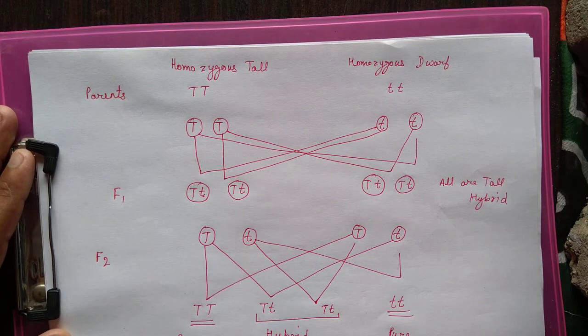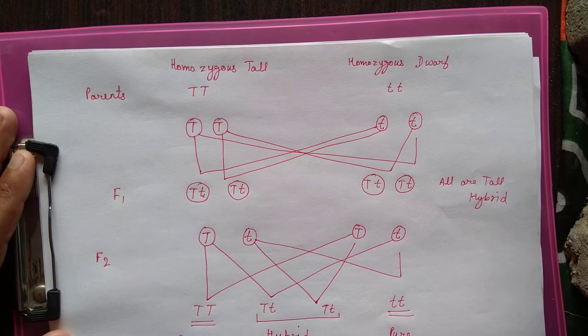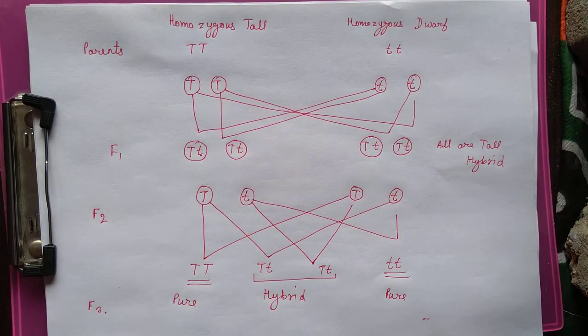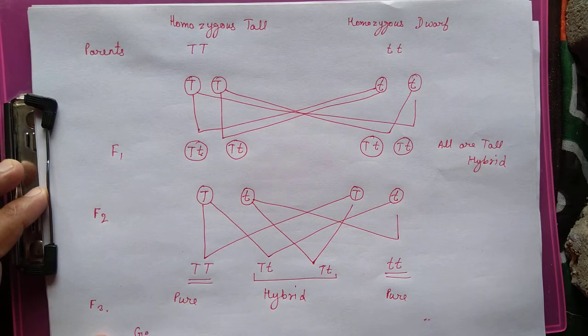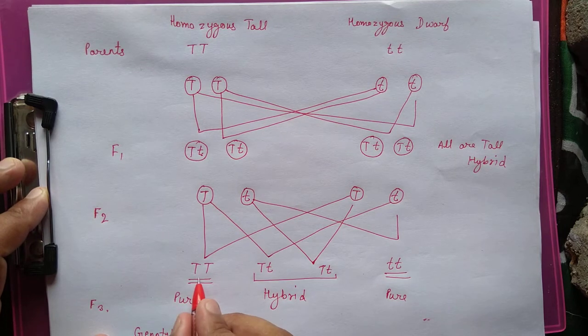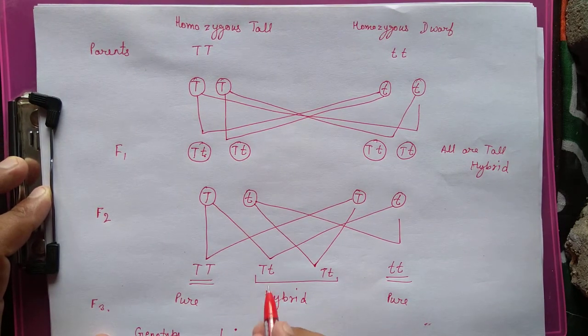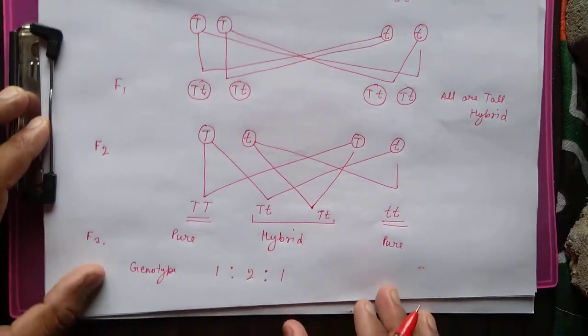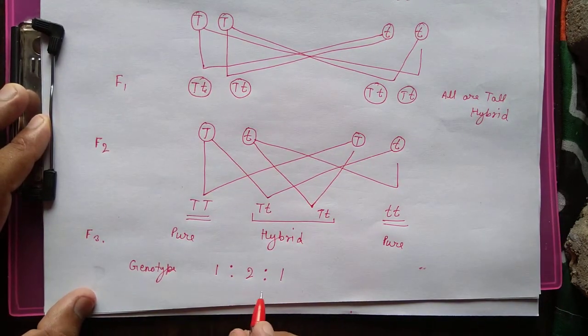After that, in the F3 generation, we find that there are 2 hybrid, 1 pure and 1 pure. So if you are taking genotype, means according to genes, the pure tall is only 1, ratio 2 hybrid, ratio 1 pure dwarf. This is the genotype ratio, means the ratio of genes.